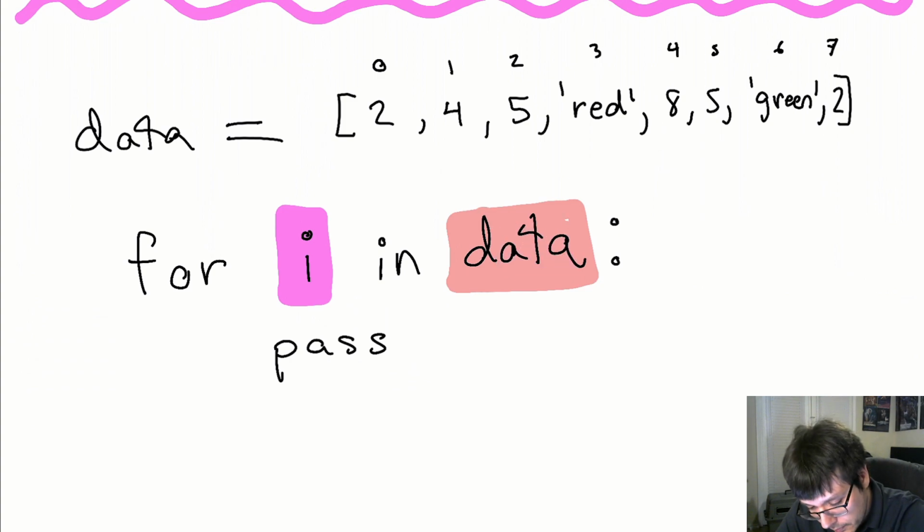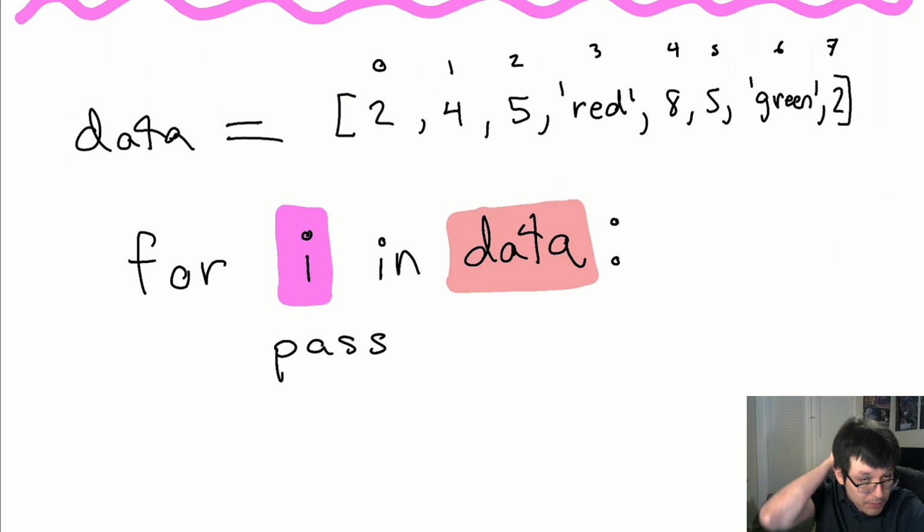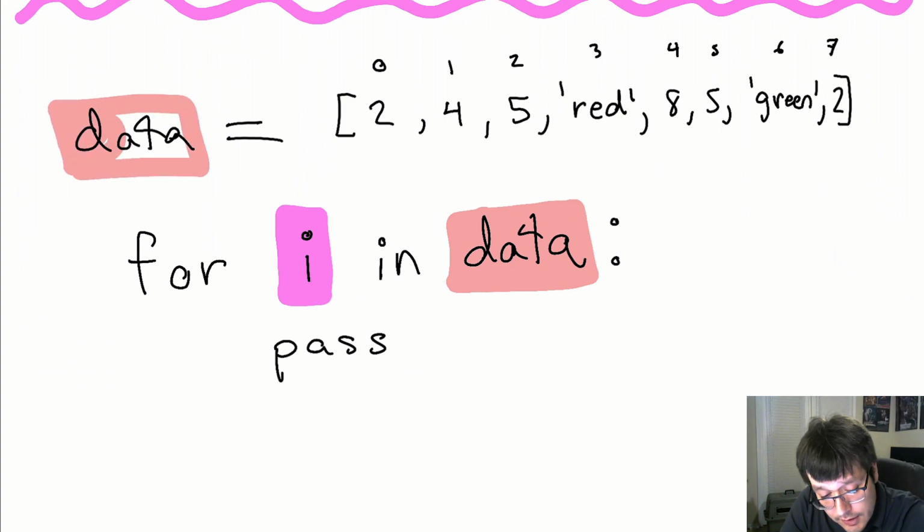So a for loop is going to iterate over every element of the list that you pass it. In this case, we are passing it the data list. Okay? So data is a list, and that list contains what we want to iterate through.